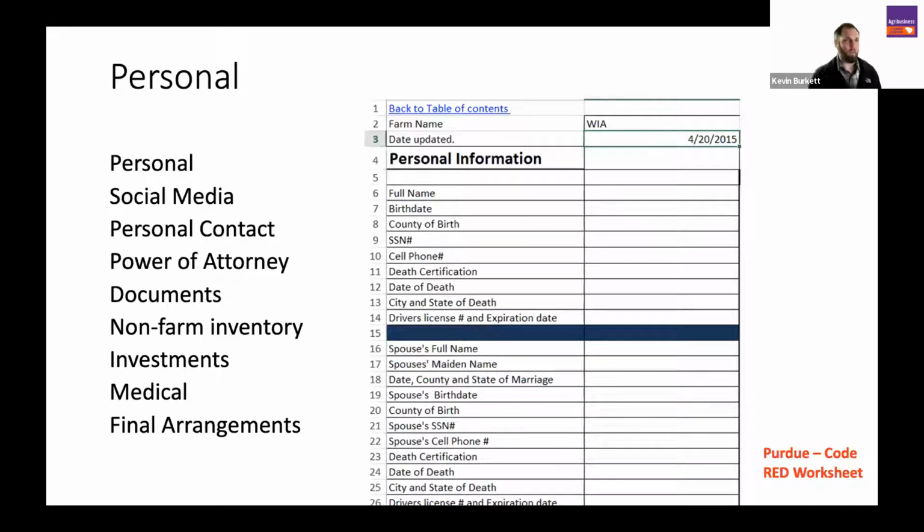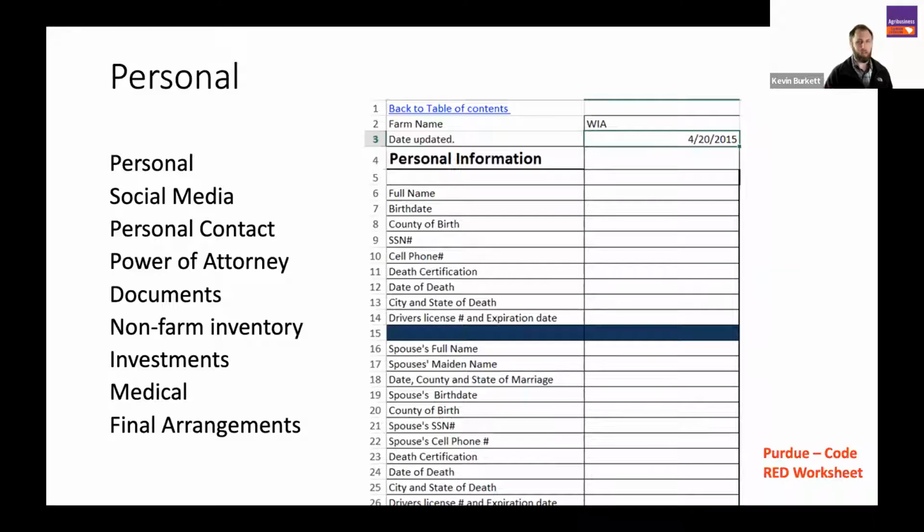So this is just a quick screenshot, an example of one of the resources that we were going to mention, and we have several. We're going to get that information to you towards the end of the presentation today. This is the Purdue Code Red worksheet, and one of their first pages is just basic personal information. In this case, we're assuming that the farm manager, and it could be yourself or someone else, for some reason is absent from the farm.